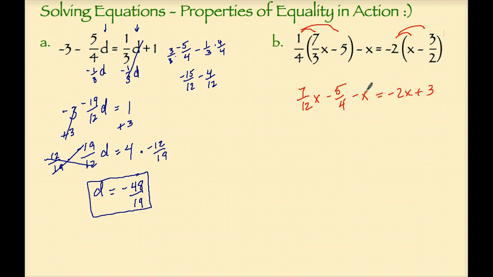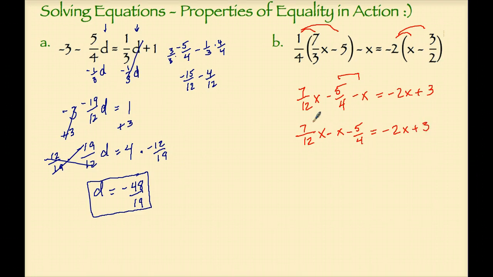Now, I probably wouldn't ordinarily show this step, but just for demonstration purposes, I'm going to switch the position of these two terms, showing you the commutative property. It says that I can switch the position of any two terms that you're adding or multiplying. And since these are negative numbers, I'm adding two negative numbers, it's legal to switch their positions.